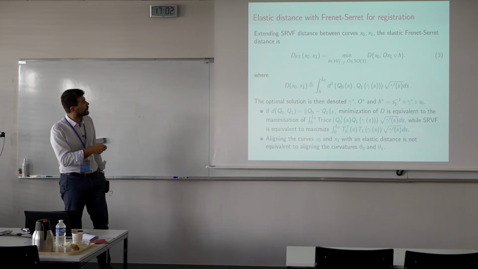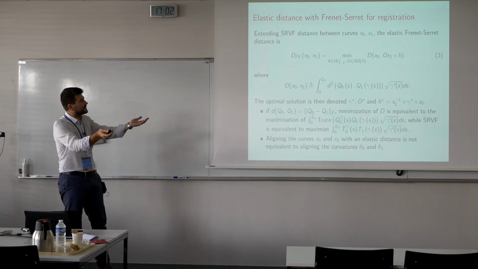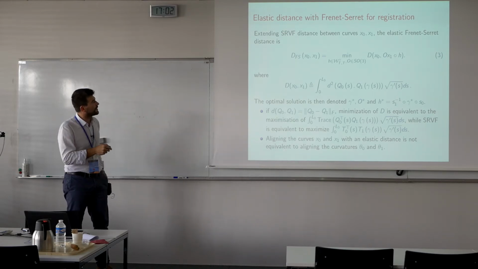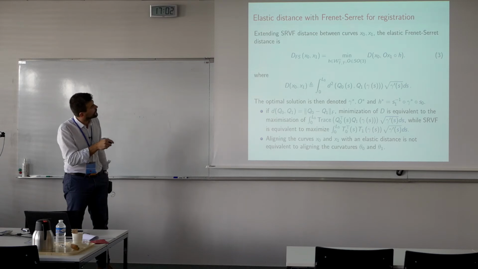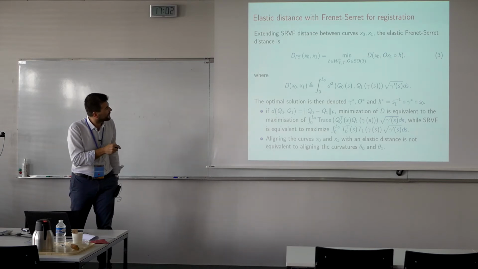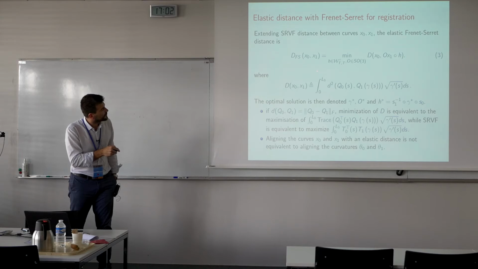Then we apply exactly the same idea. If we want to do the SRVF alignment, but not with the SRVF, but with Frenet-Serret, we just minimize in H and in O this quantity.